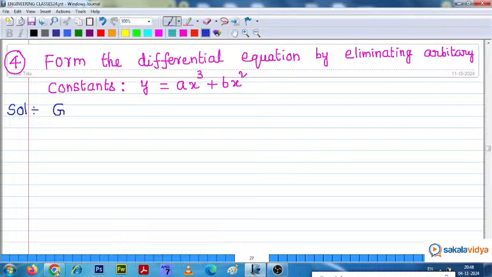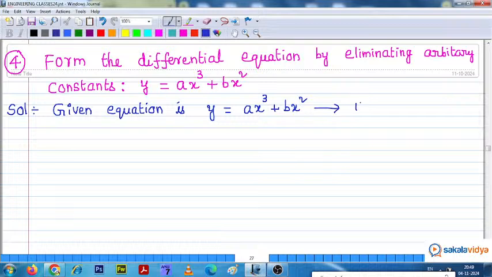What is the given equation? The given equation is y is equal to ax cube plus bx square. Say equation 1.